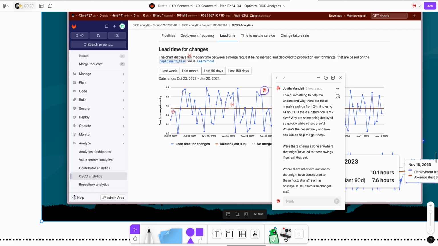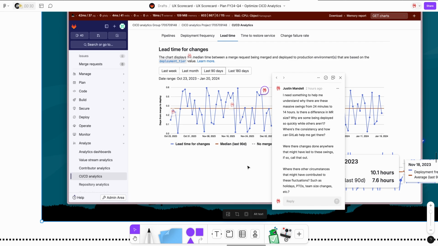Were there changes? Again, there's parallels across all of these. Did something change? Did my process change? Did people change? Whatever the case may be, call that out so I can start to do the math or interpret this more quickly without myself having to know, oh, November 24th, that's a public holiday in the US. That probably caused something or other to happen.